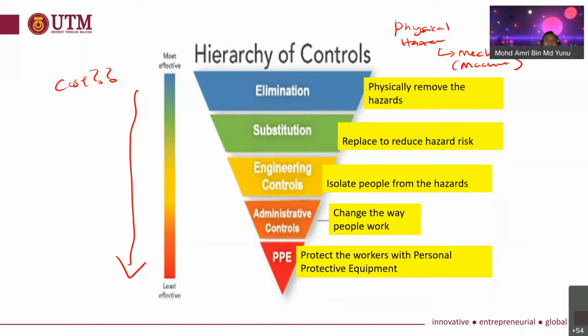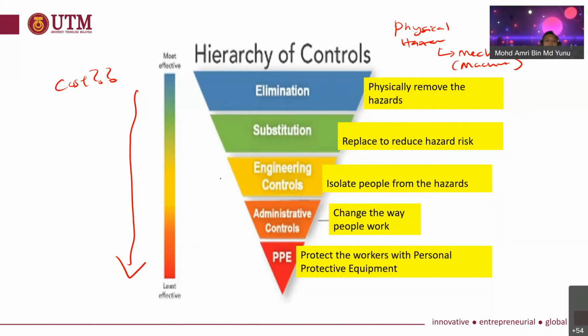Maybe you cut down or divide the metal sheet into smaller portions, and then make the parts separately using a smaller machine, not a bigger machine, so that basically substitutes the original stamping machine.